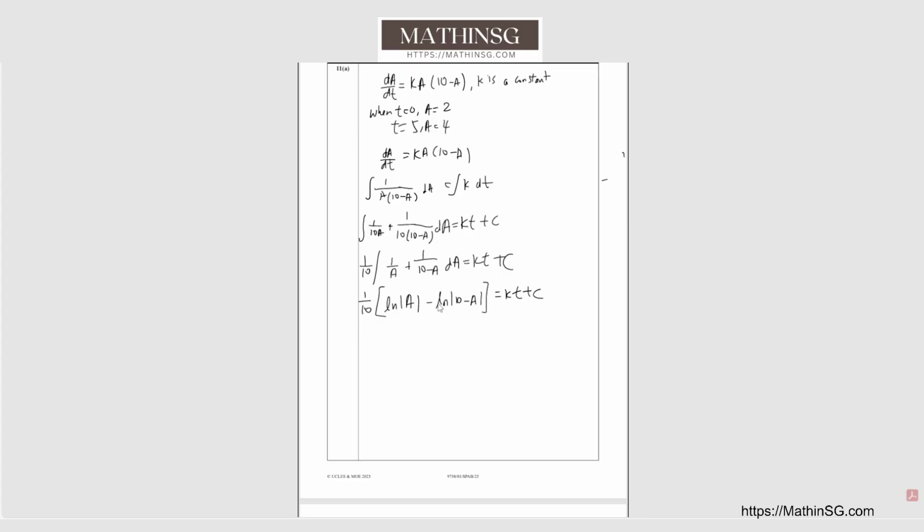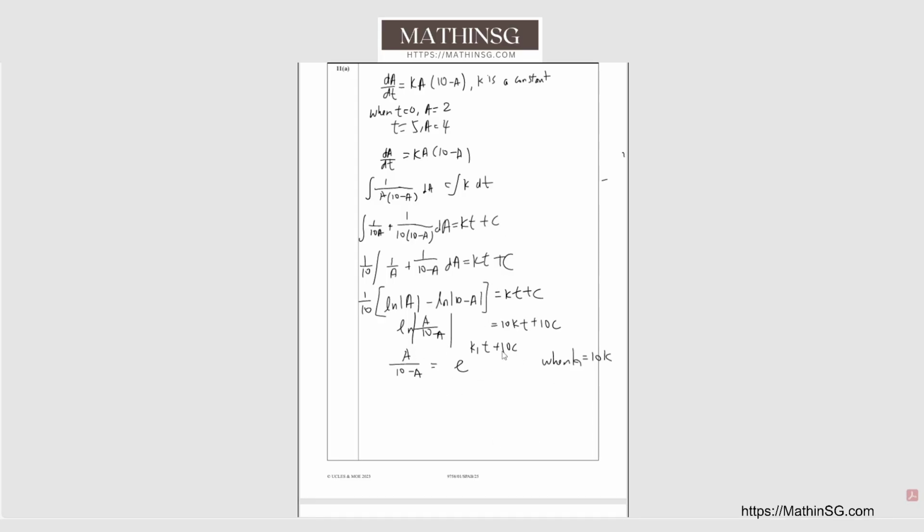I'll multiply 10 on both sides, so I have 10kt plus 10c. And this I'll write as ln of a over 10 minus a, using the rules of logarithm. Next, a over 10 minus a equals e to the power of k1t plus 10c, where k1 equals 10k. They're just constants, so you can just change it to k1. Then later we don't need to keep writing the 10.